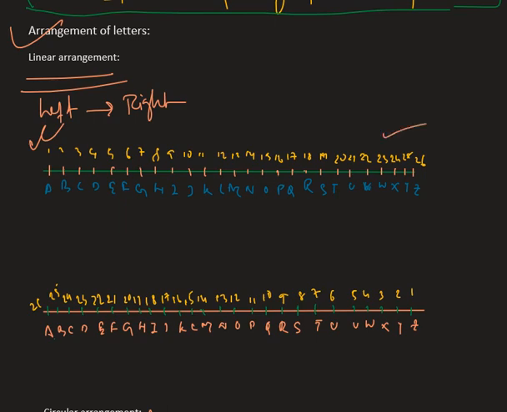And if we arrange the letters from right to left, we find this arrangement, that is 26 to 1. This is the corresponding arrangement from right to left.